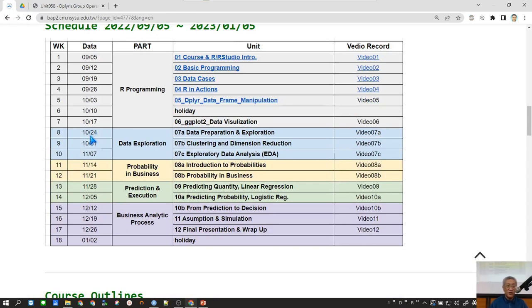It should be in week 9 or week 10, right? Because we will have a holiday next week. So when you get back, we only have 2 or 3 weeks left before we have our midterm presentation.